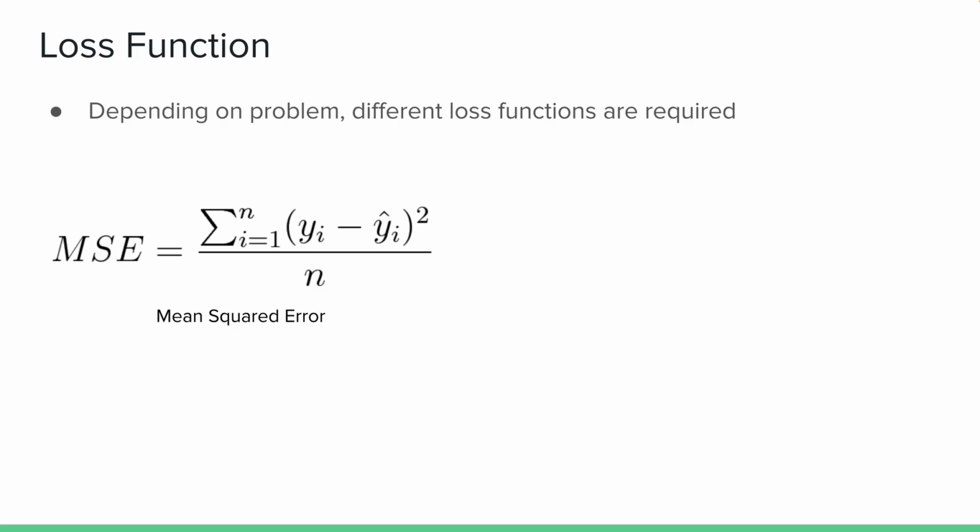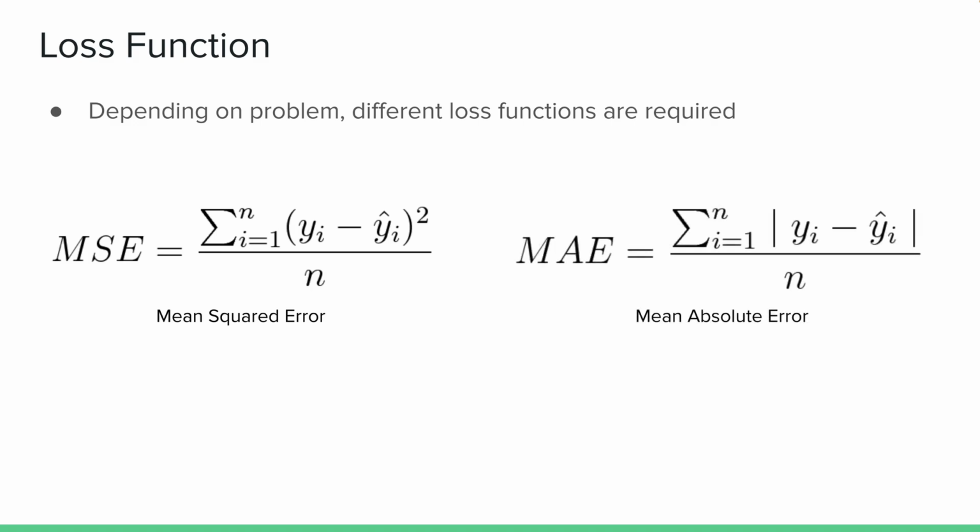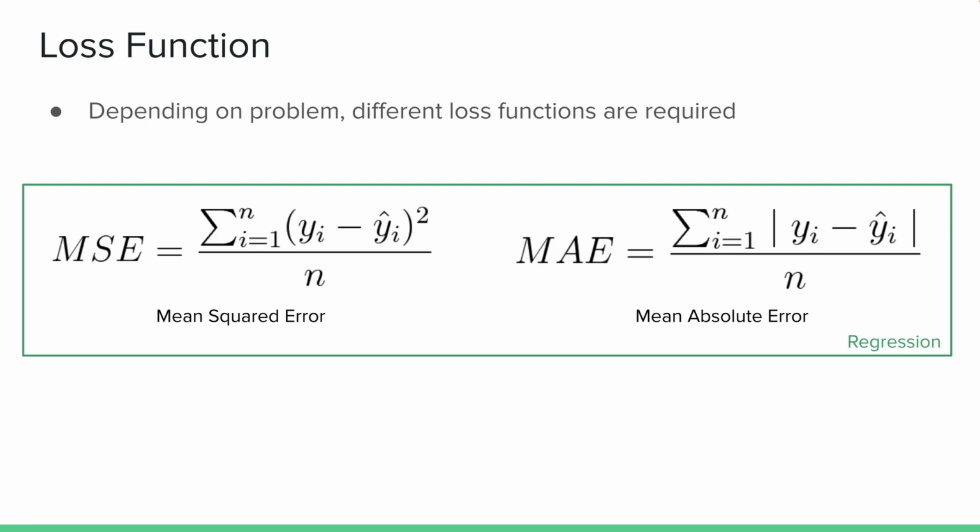It computes the difference between y_i, the target, and y_i hat, the prediction, calculates the square, sums this up, and gives you one number in the end that tells you how well it's doing. Similarly, you can use the absolute difference between the prediction and the underlying target, and those two losses are typically used when you have a regression problem.